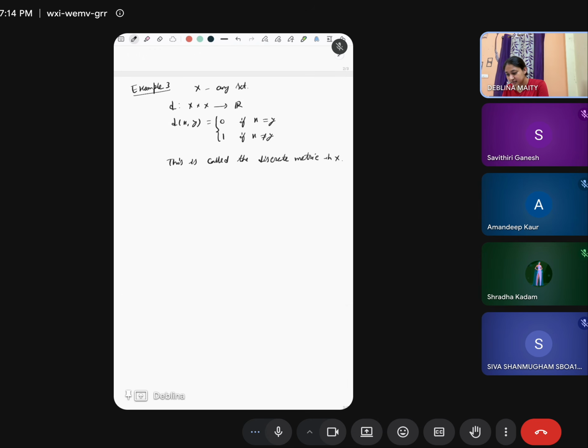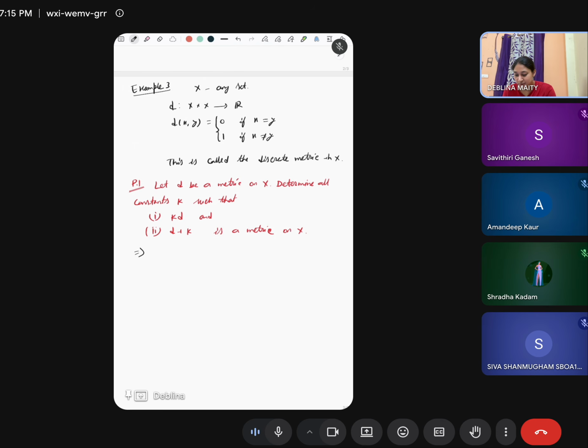Now we'll see some problems. So the first one is, let d be a metric on X. Now we have to determine all constants k such that kd and d plus k is a metric on X. Right, so d is a metric and we have to find all those k for which kd is a metric and d plus k is a metric.